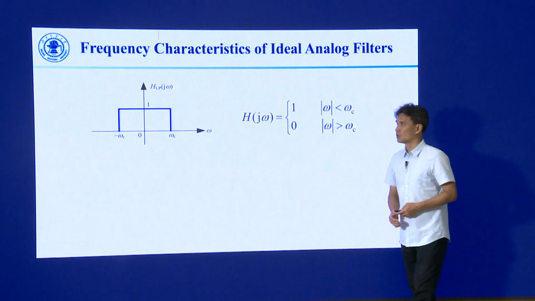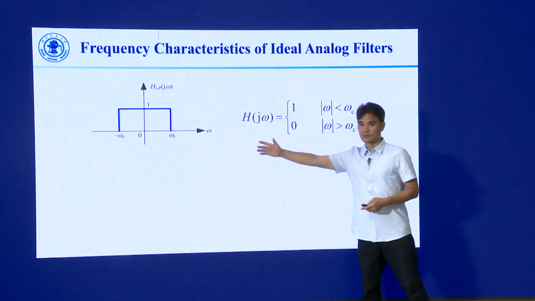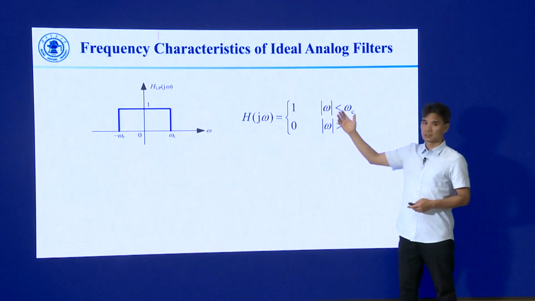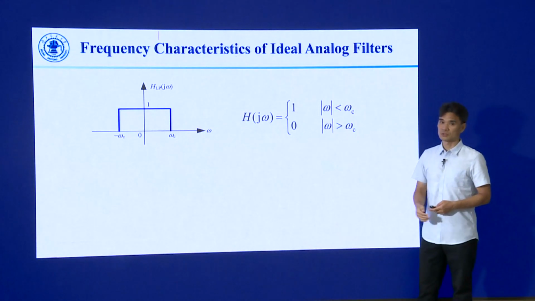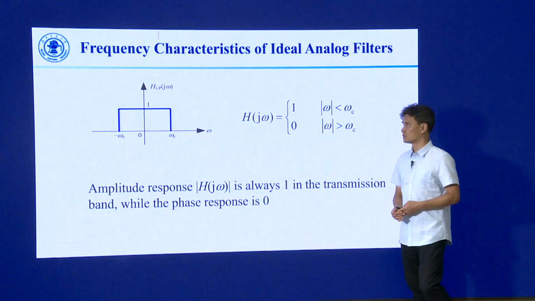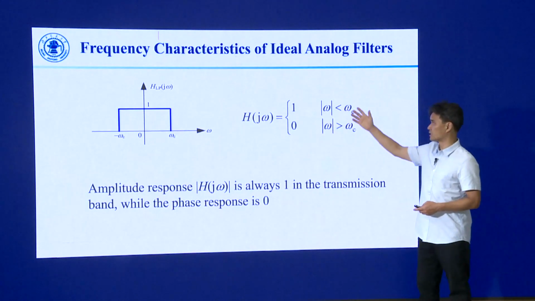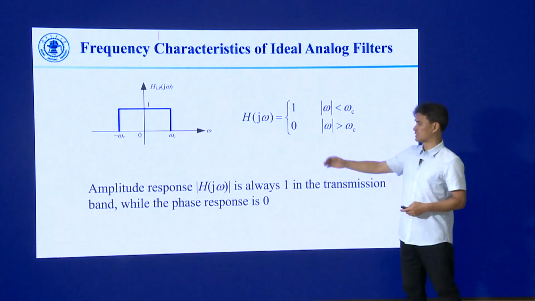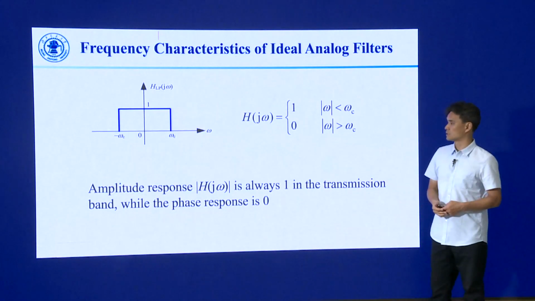For this low-pass filter, the frequency response can be represented by this function. So the amplitude response is a constant within this cutoff frequency, while the phase response is always equal to 0.